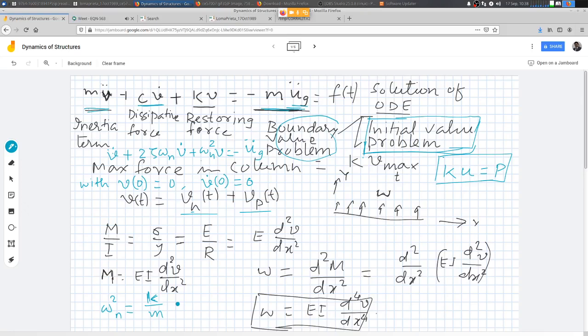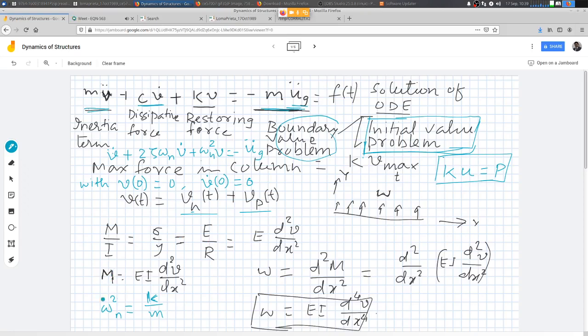If the system is executing simple harmonic motion at frequency omega n, there is a constant interchange between potential energy and kinetic energy, like a simple pendulum. If you equate maximum potential energy stored with maximum kinetic energy in the system, you get omega n squared is equal to k by m.